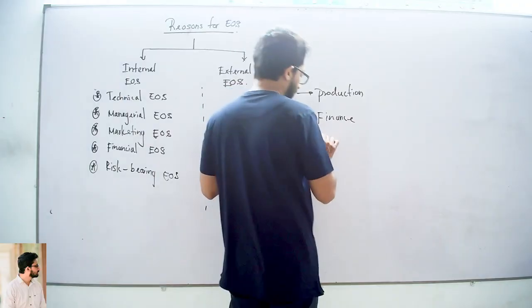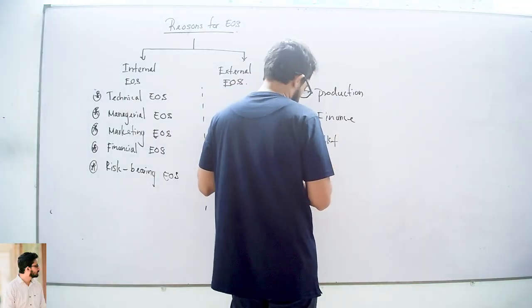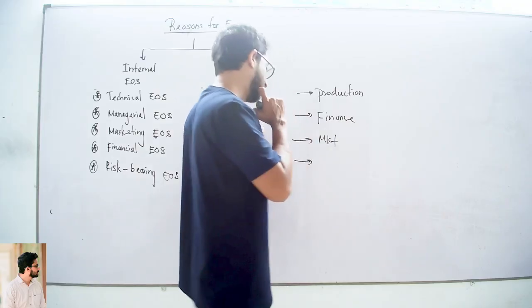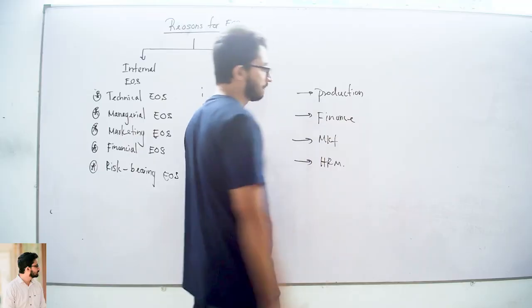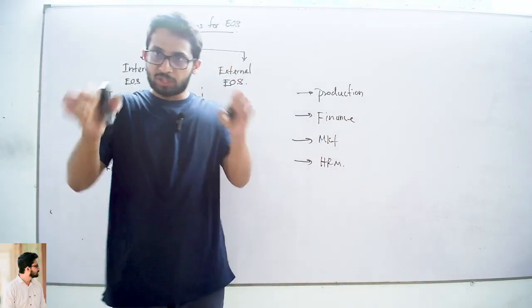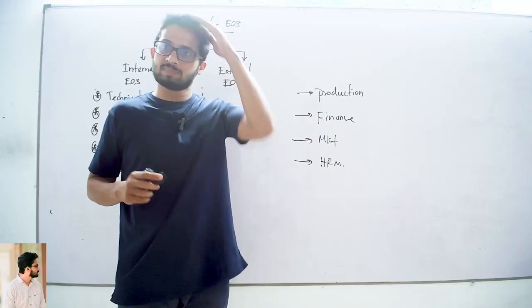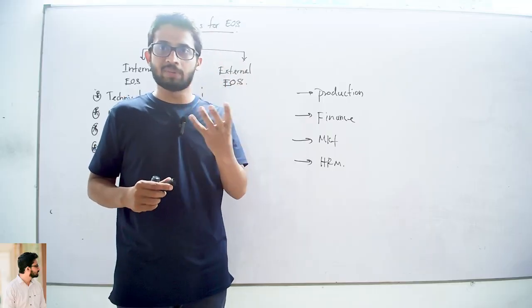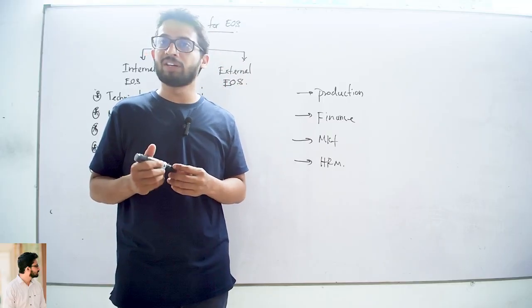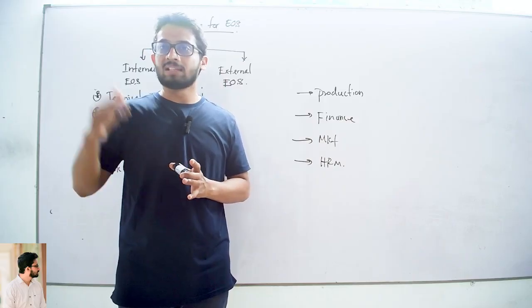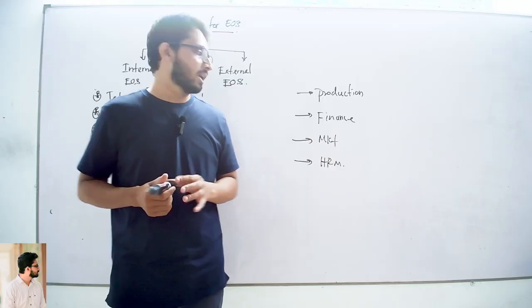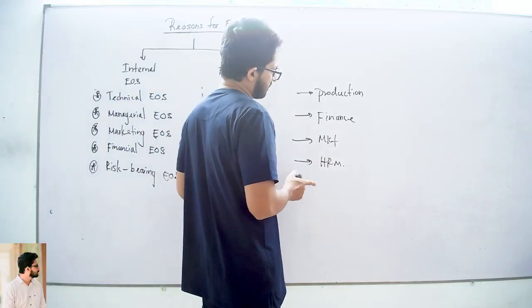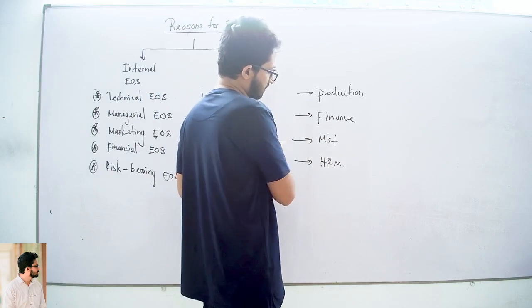Marketing. And what else? Marketing and HR. Human resource management should be there, right? Because managing human resources, the labor force in the organization, is one of the key functions of the business, right? HRM, and what is the other one? What is the missed one? Production, finance, marketing, HR.